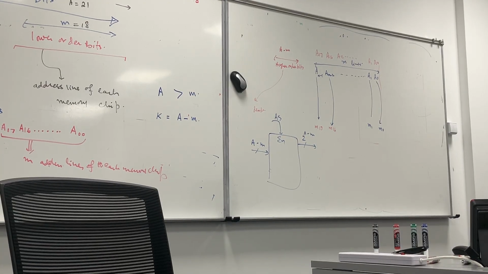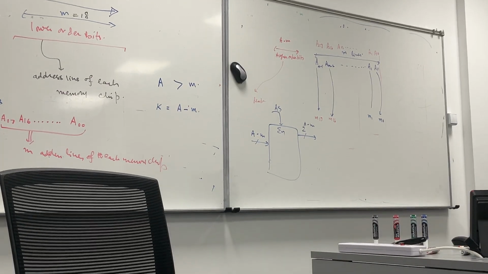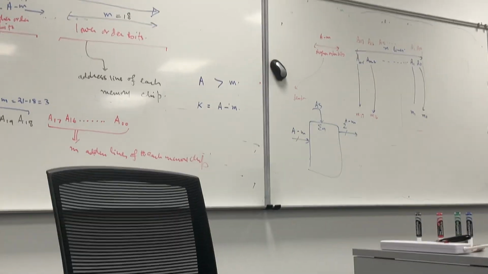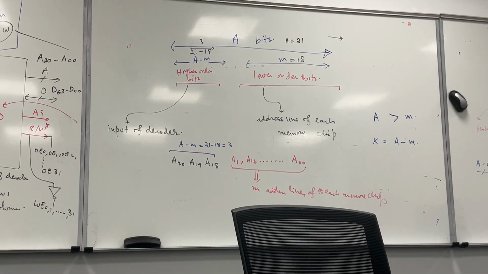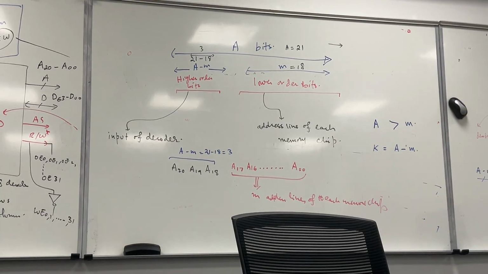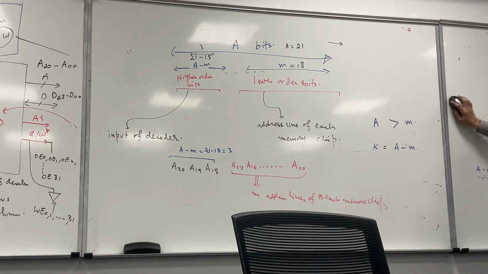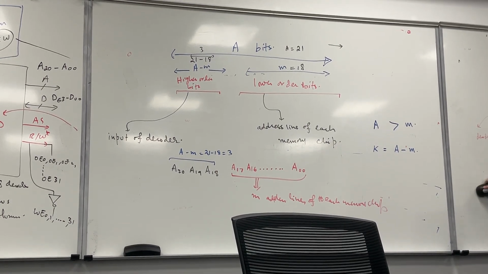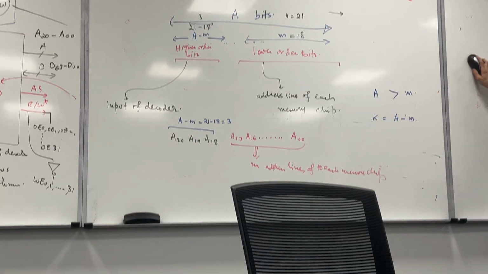What about the data lines? Now I'm going to explain the data line stuff, because now I'm generalizing the whole concept. Okay, so should I write this up? Now look at the data side.